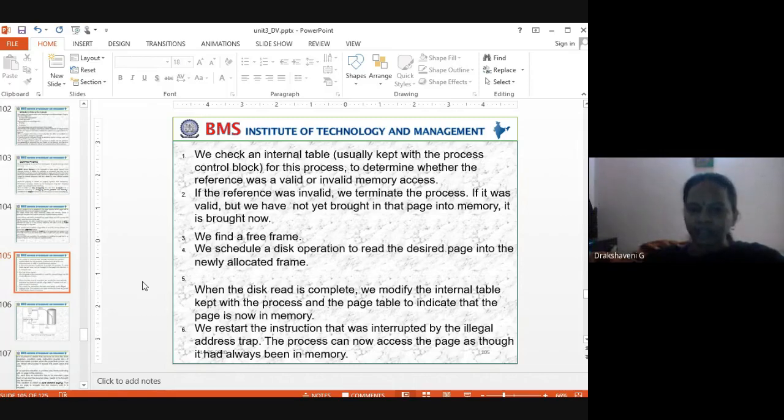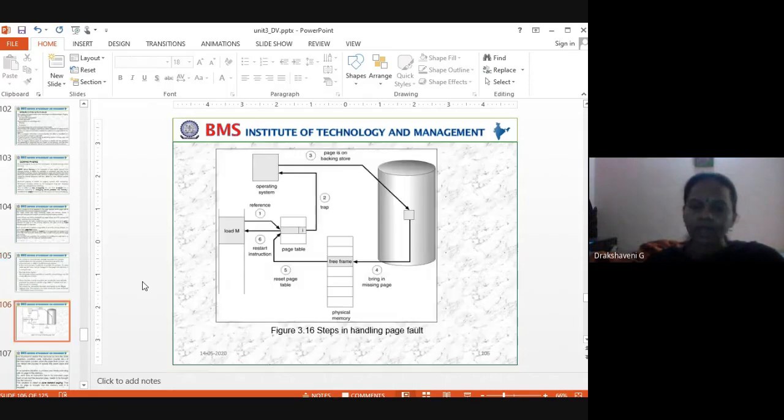We find a free frame and schedule a disk operation to read the desired page into the newly allocated frame. When the disk read is complete, we modify the internal table kept with the process and the page table to indicate that the page is now in memory. We restart the instruction that was interrupted by the illegal address trap. The process can now access the page as though it had always been in memory.